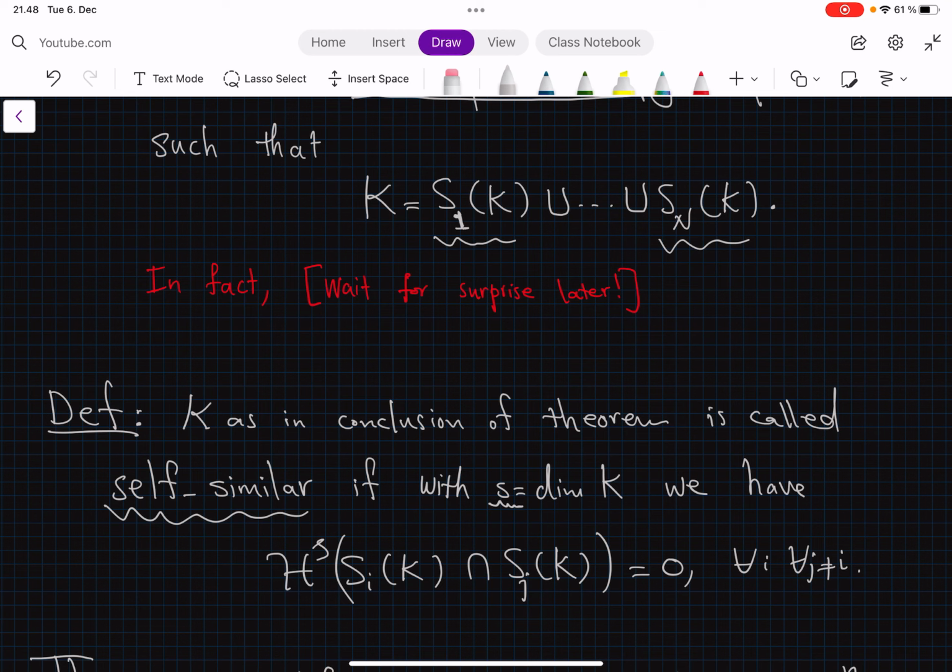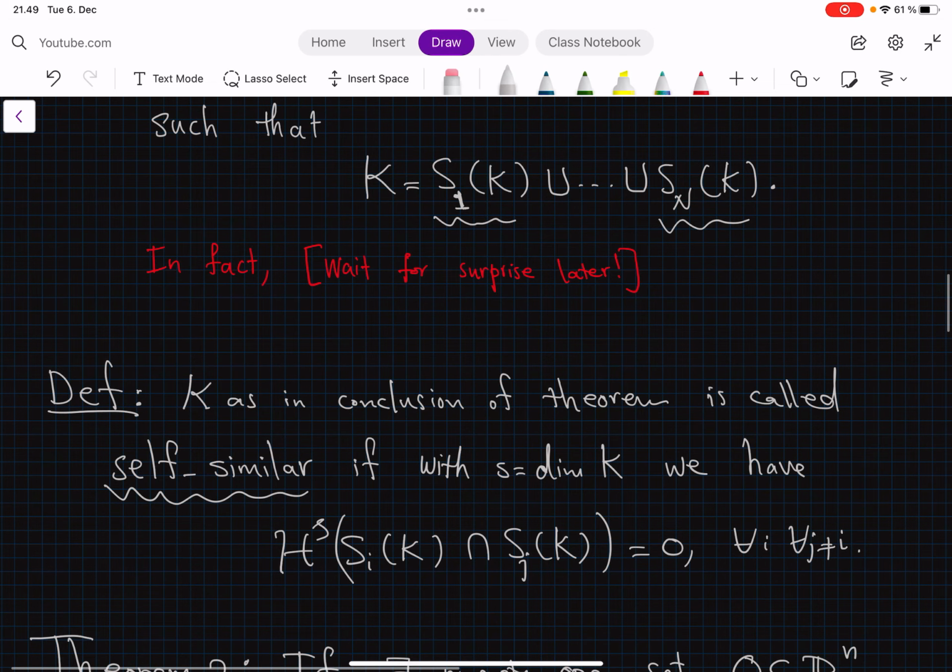So we require that effectively the images of different similitudes are separate. So they may technically intersect. So as sets, the intersection may be non-empty, but it will have 0 s-dimensional Hausdorff measure. And because our K is s-dimensional, that means effectively K doesn't care about those tiny overlaps that may happen. So if we have this effective separateness of individual images, then we call the set K self-similar.